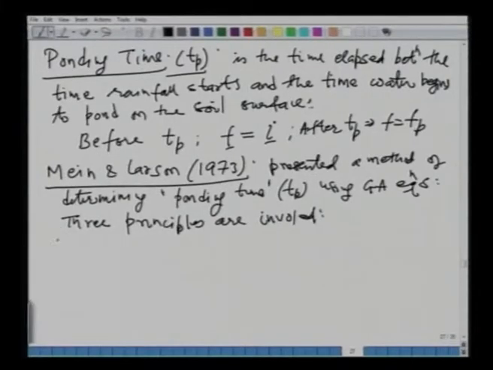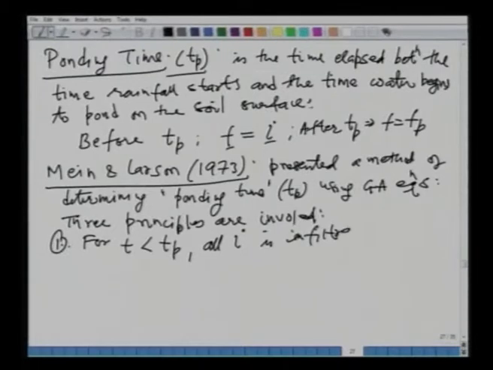One of them we have actually already written, but let me do that again. For the time less than the ponding time, all rainfall gets infiltrated. It should be very easy to understand and see. We have mentioned this many times.